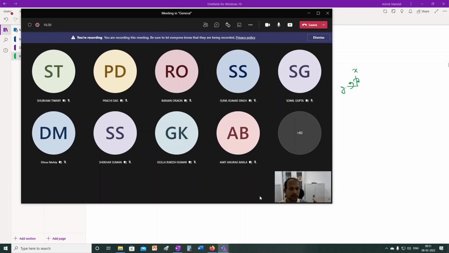Again, I am saying this problem is related to you only. You guys can solve it. There are a few things which were not taken care of properly that belong to this subject, dynamics and control. Okay, and whatever we are discussing here is the building block of that subject.